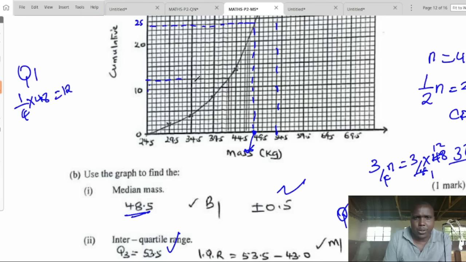You draw a dotted line there until where you meet the curve, you come down, you read the value here. The value there is 43 according to this graph. So once you read that value, 43, now the range is Q3 minus Q1, and that is the answer you get.